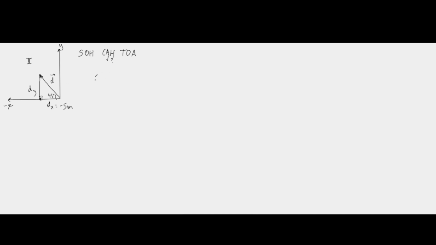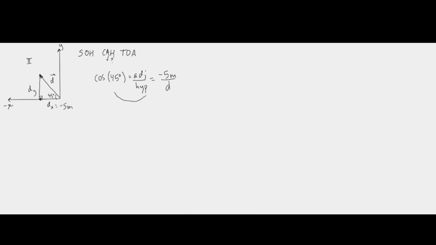So the cosine of 45 degrees is equal to the adjacent over the hypotenuse. We're given the adjacent side as -5 meters, and the hypotenuse we're just calling d, which is the magnitude of d vector.